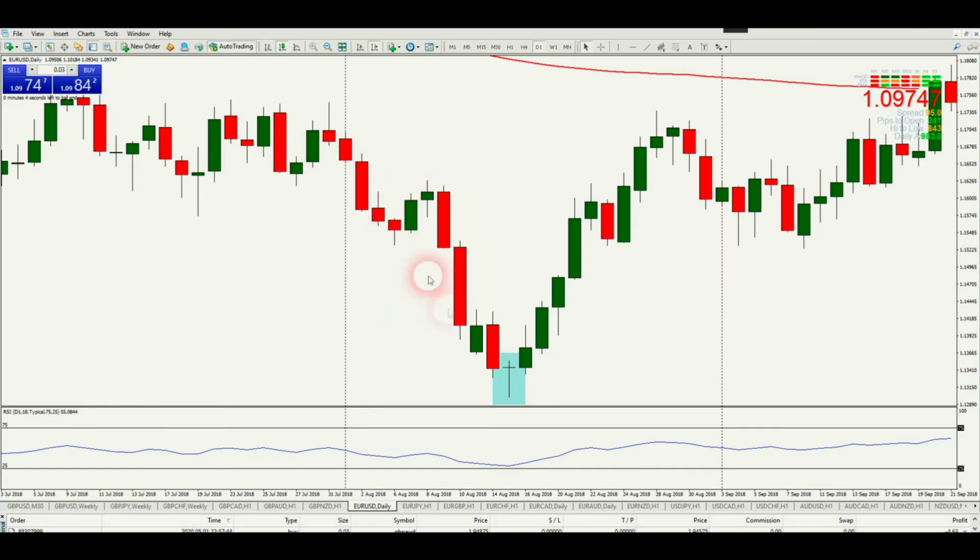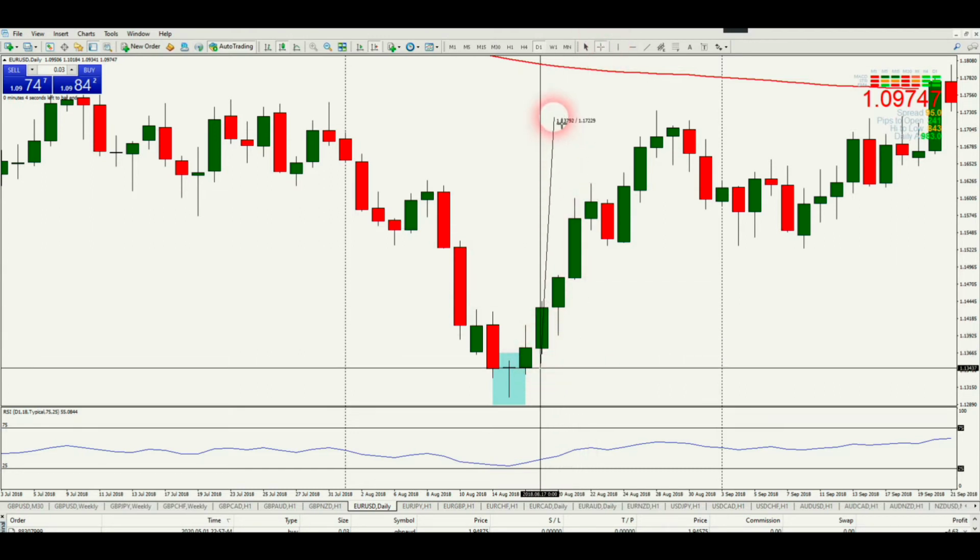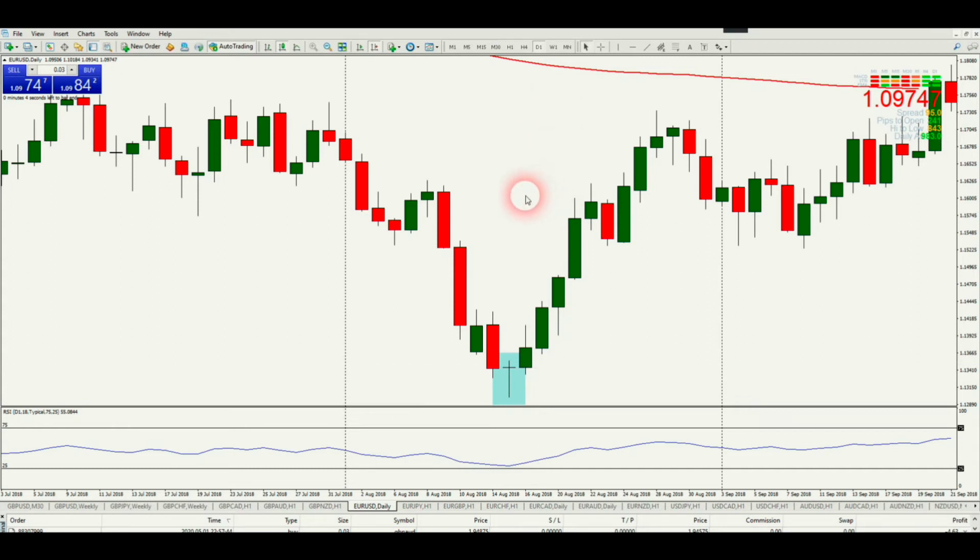In this case, we've got a classical Dragonfly doji, where prices come down, bears have pushed down to here, the bulls have taken control, pushed the price back, and the price has continued on. Had you entered long here, you would have banked 400 pips or so. So that's a classic Dragonfly doji setup.